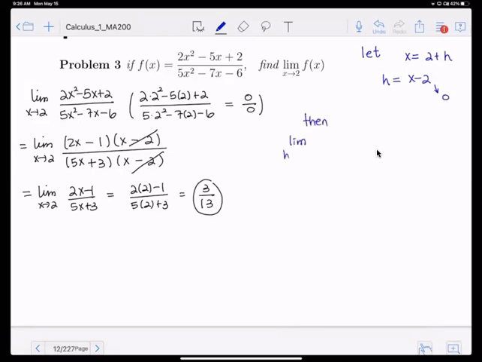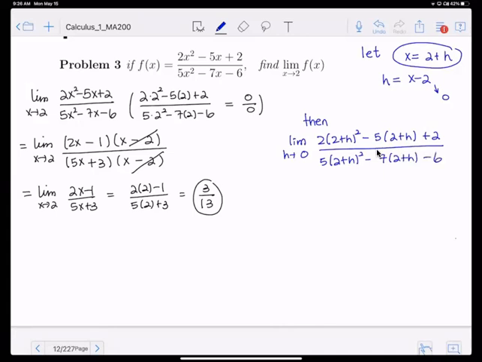The limit as h goes to 0, and we substitute x equal to 2 plus h: 2 times (2 plus h) squared minus 5 times (2 plus h) plus 2, all divided by 5 times (2 plus h) squared minus 7 times (2 plus h) minus 6. Okay, let's do FOIL.